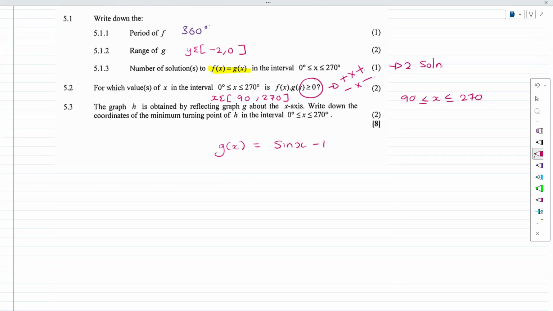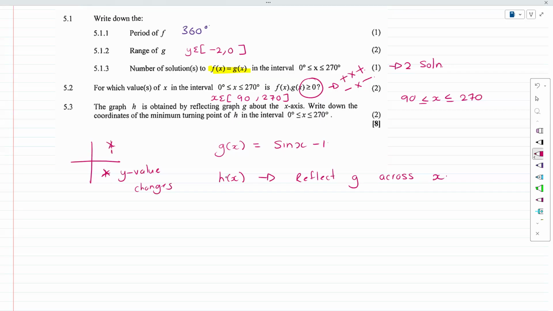Now, this is where things get a little bit tricky, because they told us that h is a new graph. See this graph? It's a new graph. But we get it when we reflect g across the x-axis. Now, we learned this twice or 3 times today. When you reflect on the x-axis, the y value changes to the opposite.